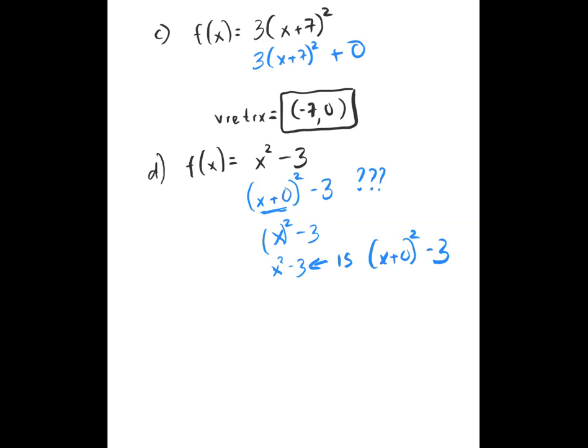And now from there, can't you find your vertex? What is our x value? 0. And our y value? -3. There you go.